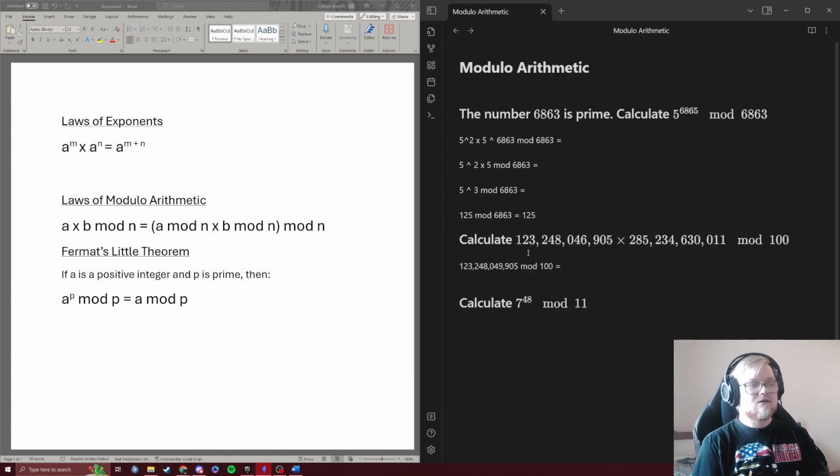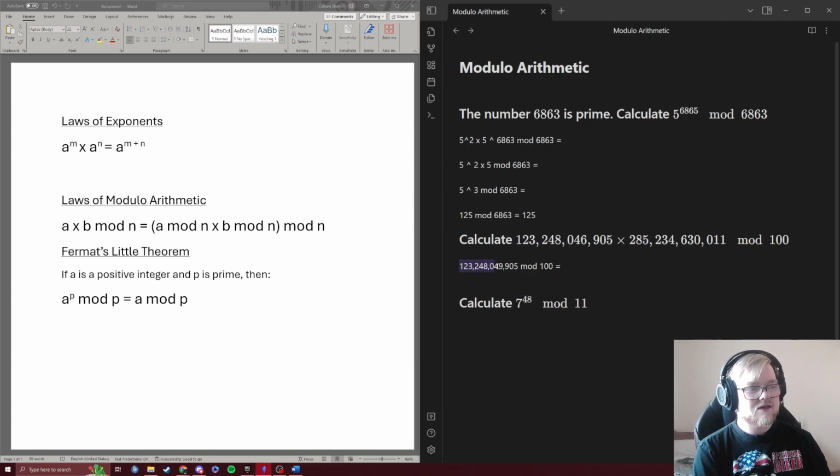Mod 100 is if you try to divide something by 100 and see what you're left over with. And you know that something is a multiple of 100 if its last two digits are 0. So if the last two digits are not 0 and they're a little bit above 0, then that will be the remainder that's left over after you divide by 100.